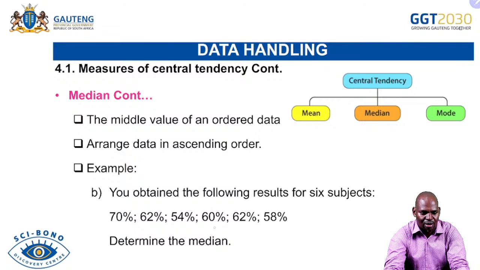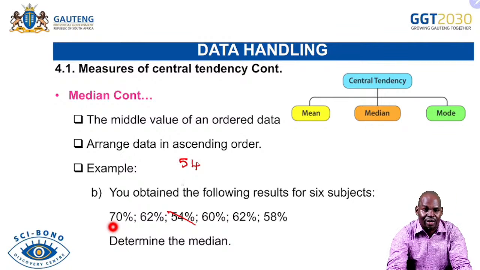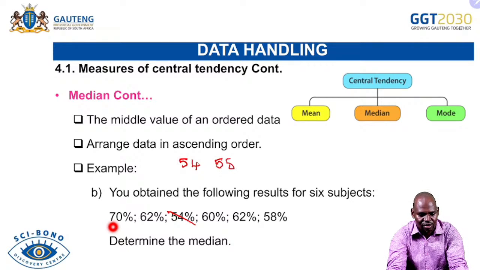The smallest number in this case is 54. So we write 54, and then we cancel 54 to indicate that we've already rewritten that number. The next number is 58, so we can just draw a line.